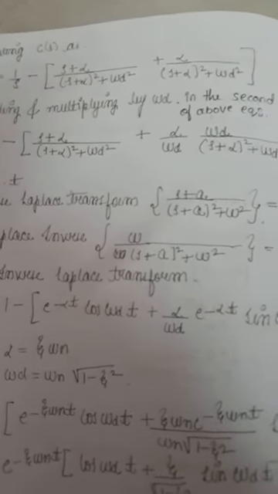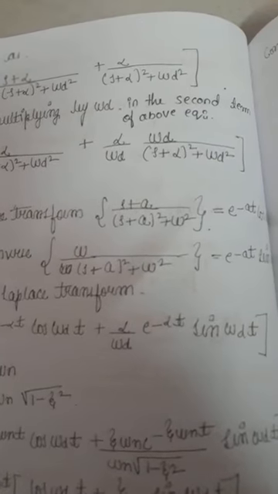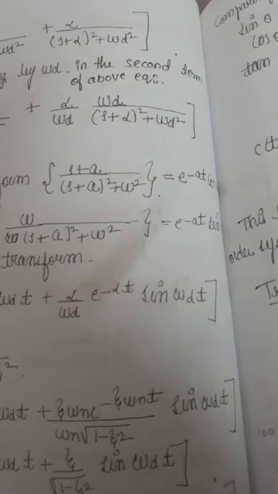So now dividing and multiplying by ωd in the second term of the above equation. This is the second term, right? So that is 1/s minus [(s + α) divided by ((s + α)² + ωd²) plus (α/ωd) times ωd divided by ((s + α)² + ωd²)].